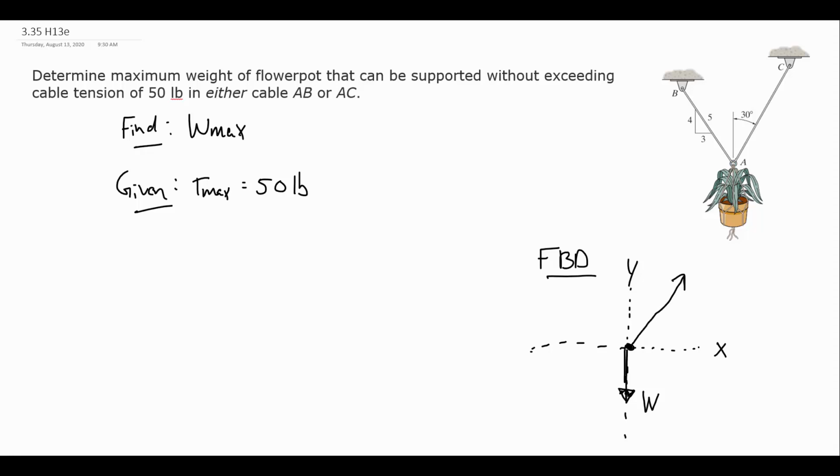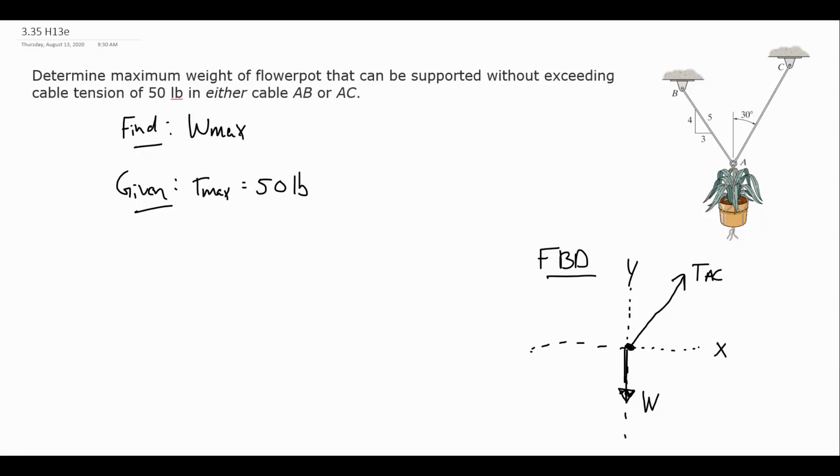Again, the tension in the rope is what is going to be pulling on point A. I don't know up front what the tension in the rope is. I'm going to call it then TAC. It must be a tension, and it goes from A to C, and it is pulling on point A. Now we are told that the maximum tension either rope can have is 50 pounds, but that does not mean that the tension in AC is 50 or necessarily that AB is 50.